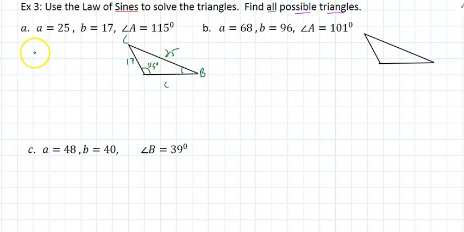I'm going to have to start with the sine of 115 degrees divided by the opposite side, and the only thing I could find at this point is beta.